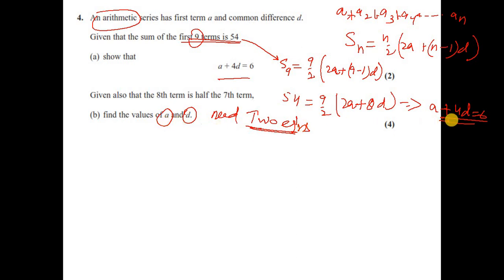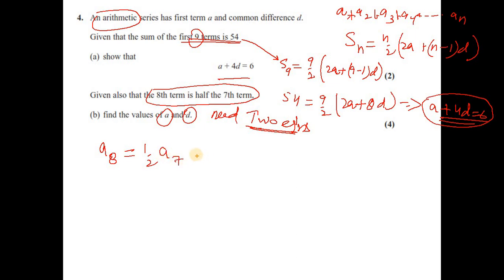One equation you already have, which is a plus 4d equal to 6, as it is given. For the second equation, they gave you the second condition, that the 8th term is half of the 7th term. That means A8, the 8th term, is half of the 7th term, A7. And you know that for an arithmetic sequence, the nth term is A plus (n minus 1) d.